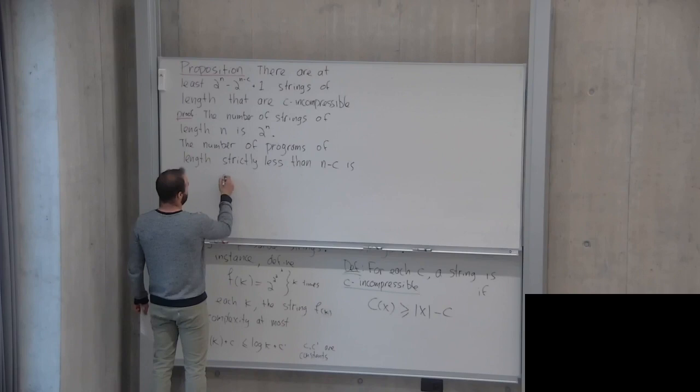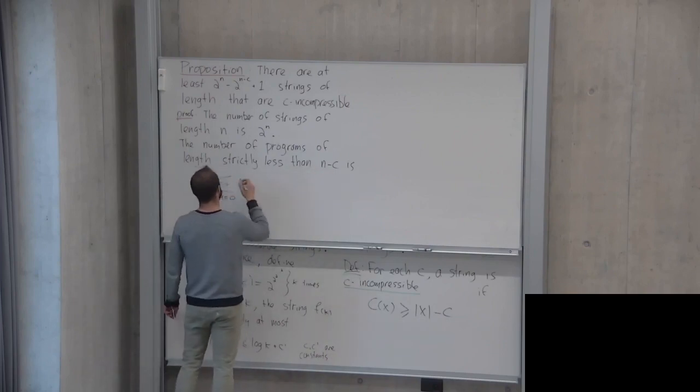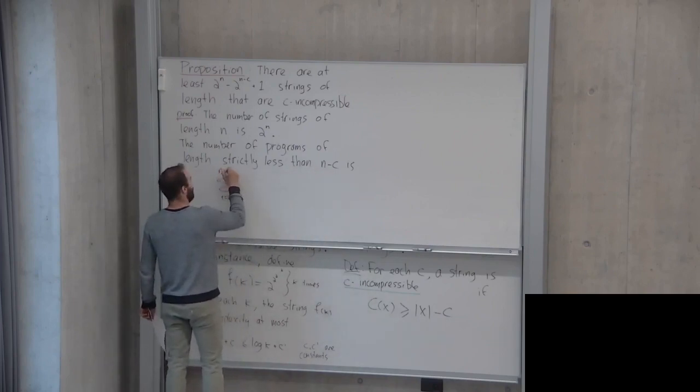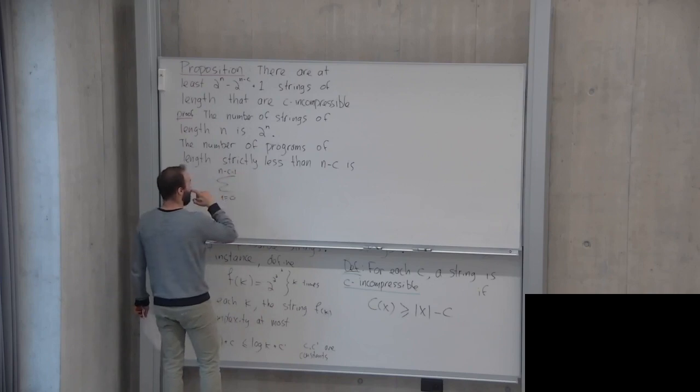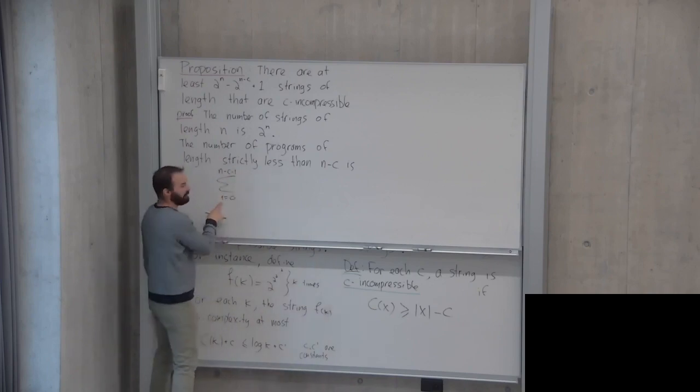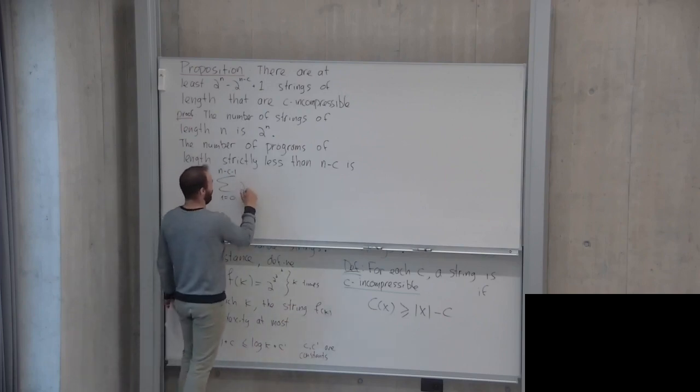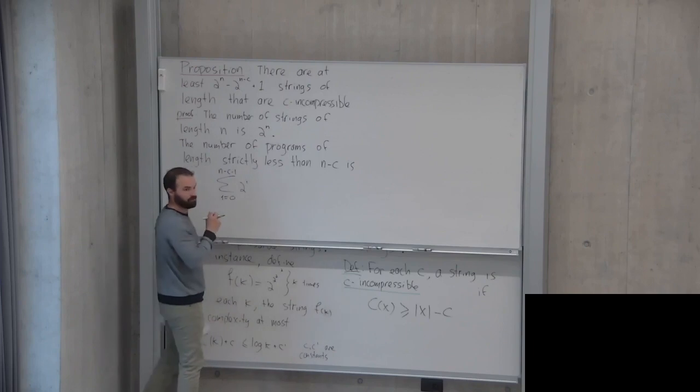I have to sum over i equals 0 to strictly less than n minus c, so my upper bound is n minus c minus 1. Here i refers to the length, and I've got 2 to the i programs of length i.